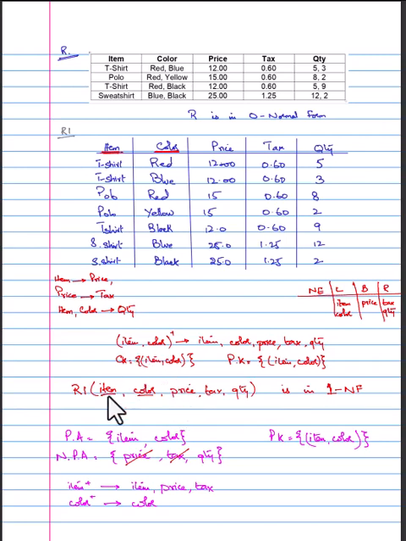Price depends on item, tax depends on item, tax depends on price but indirectly tax depends on item, quantity depends on color. So these non-prime attributes do not depend wholly on the whole primary key. So this means we have to split this relation into further relations.